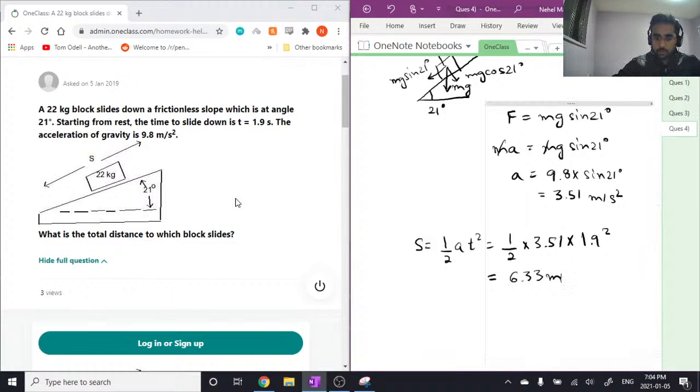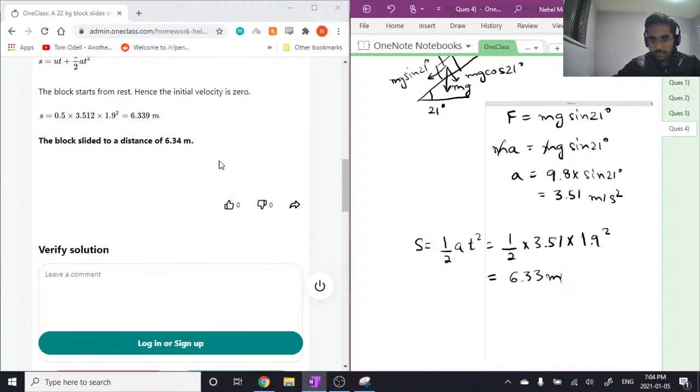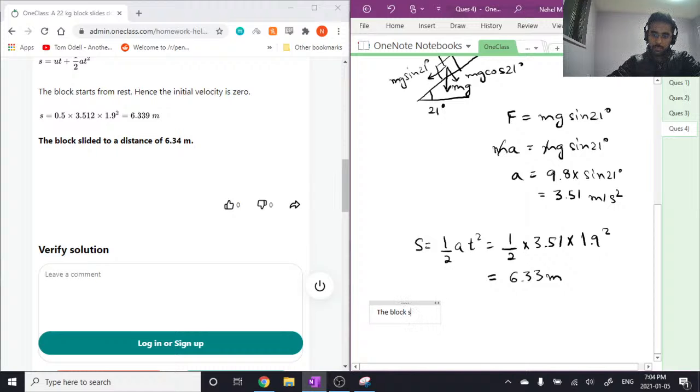Okay, so therefore this block slides down 6.33 meters in 1.9 seconds. So let's just write that down. The block slides down the inclined plane 6.33 meters in 1.9 seconds.